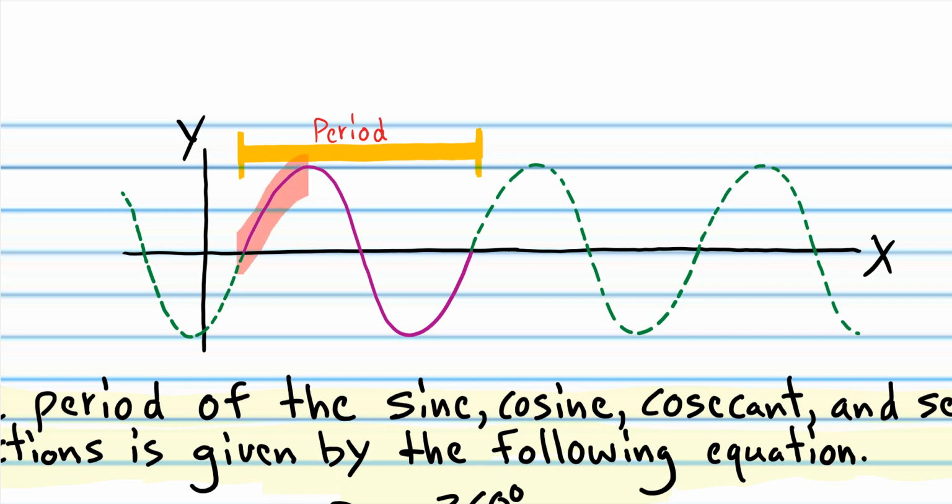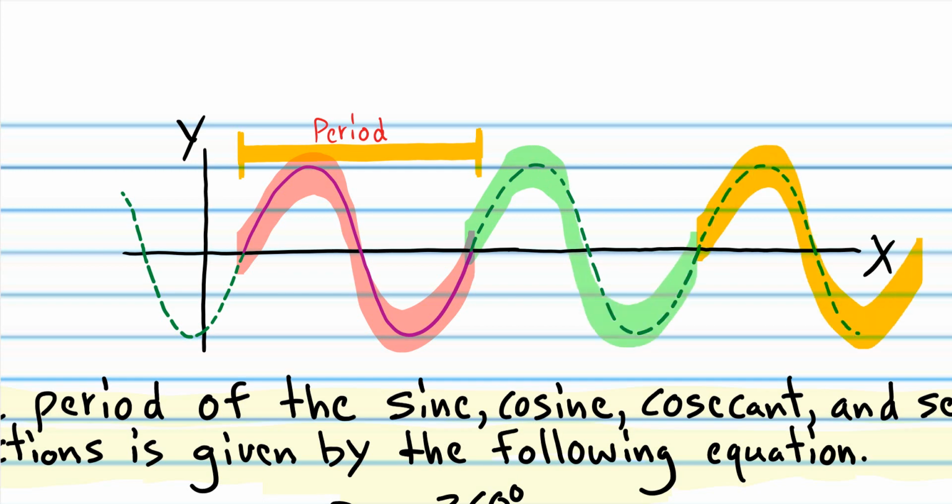Notice that this curve goes up and down, and then it starts over again. And then it goes up and down and starts over again. So the distance for one complete cycle is the period.